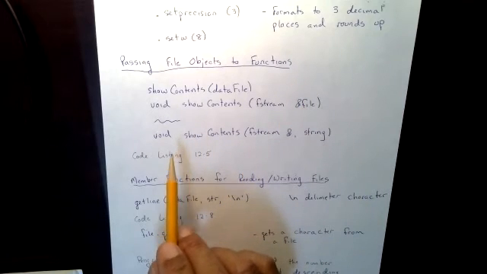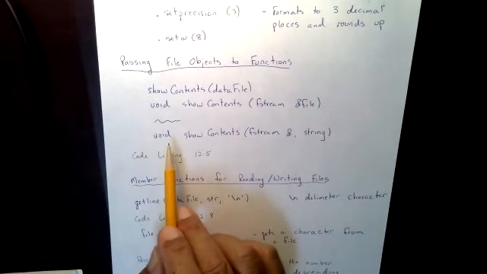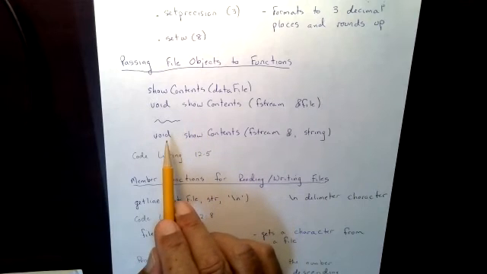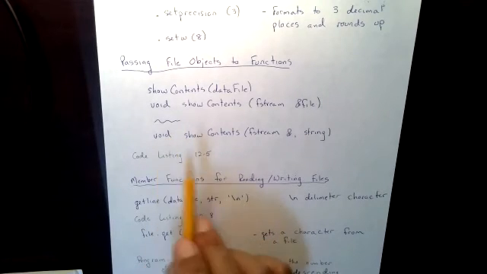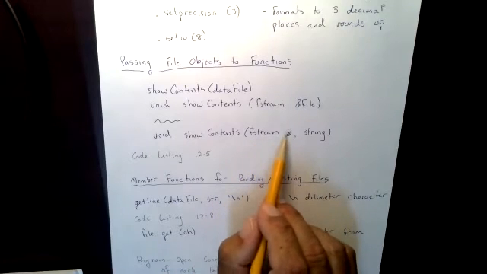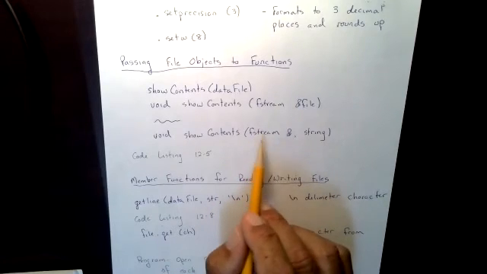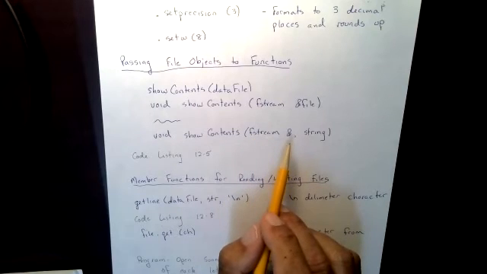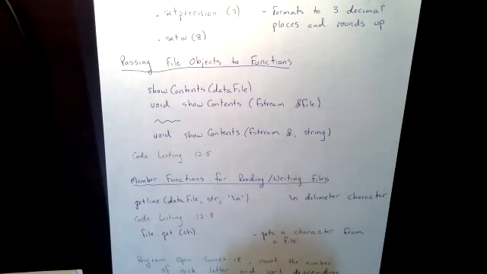The prototype is void showContents, passing in a reference to an fstream object and a string, which would be the name of it. Again, you have good examples of that in code listing 12.5.